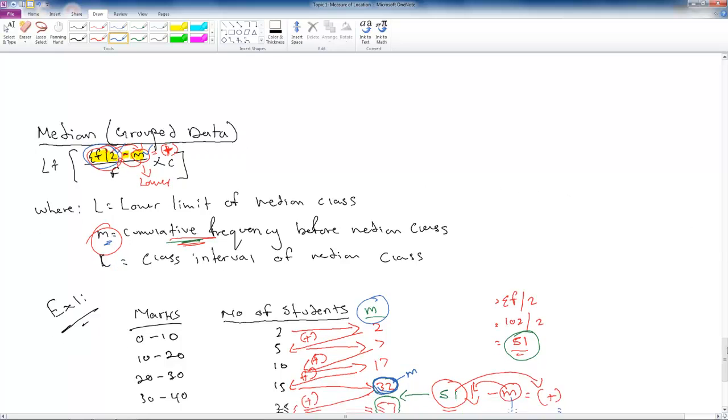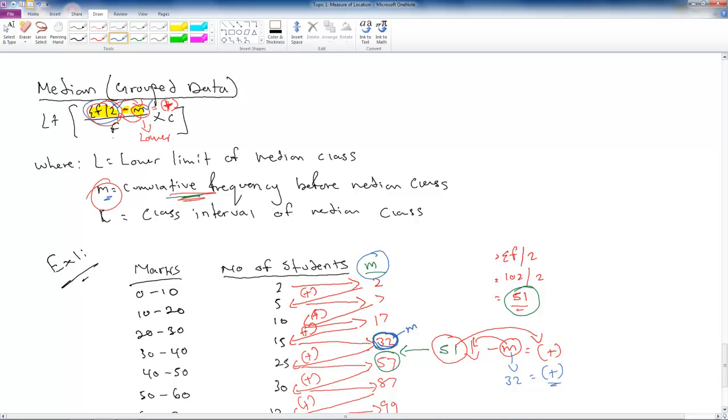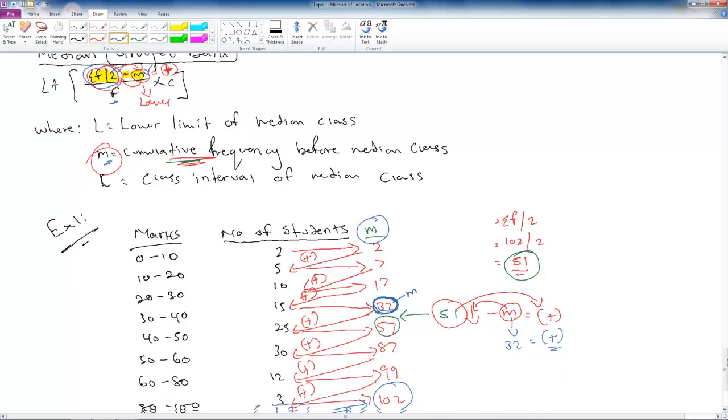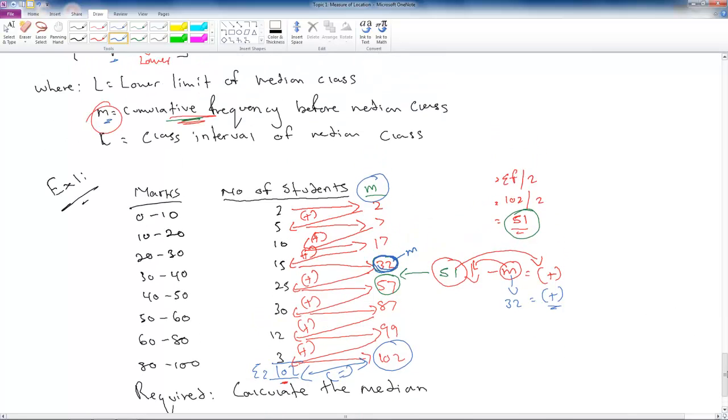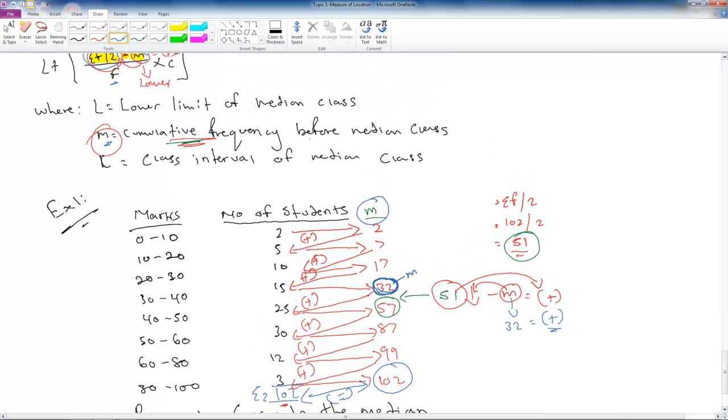Now the next step, we have not found the F yet. M means cumulative frequency before the median class.